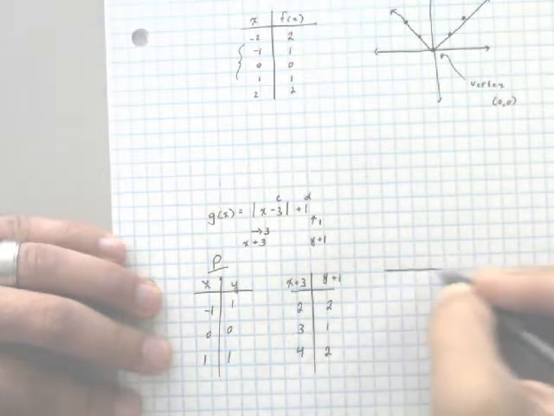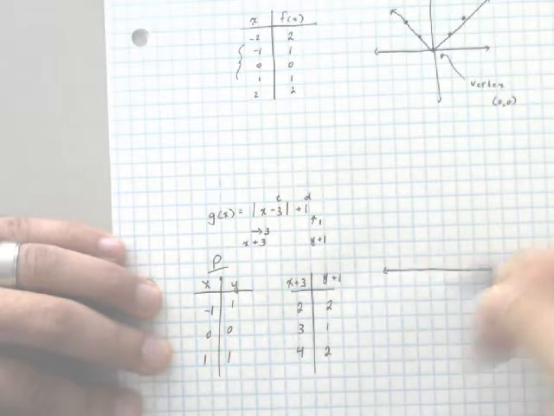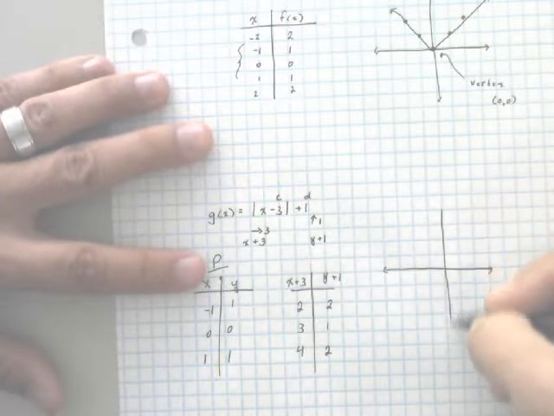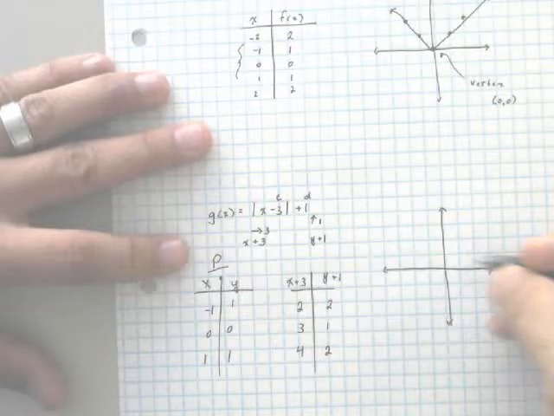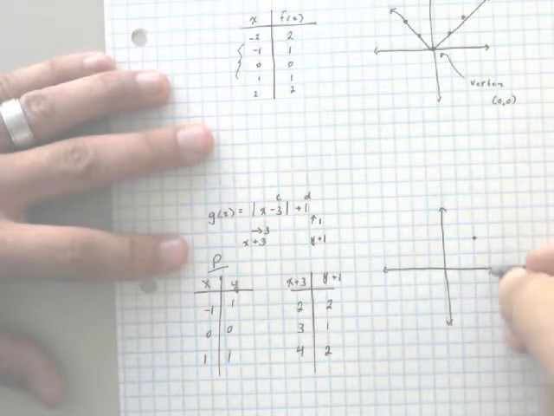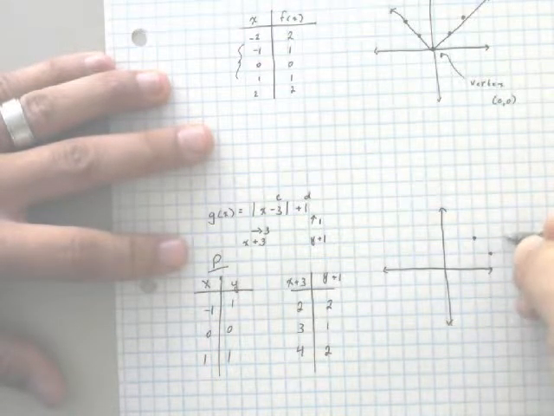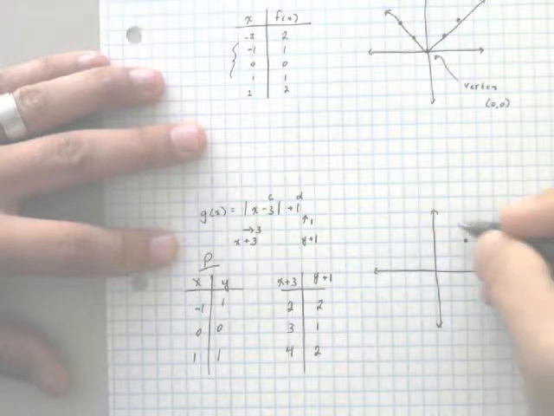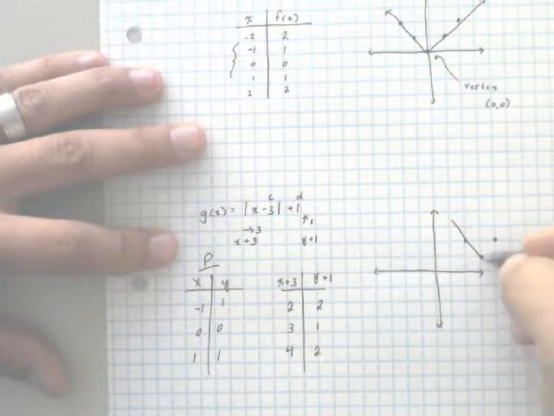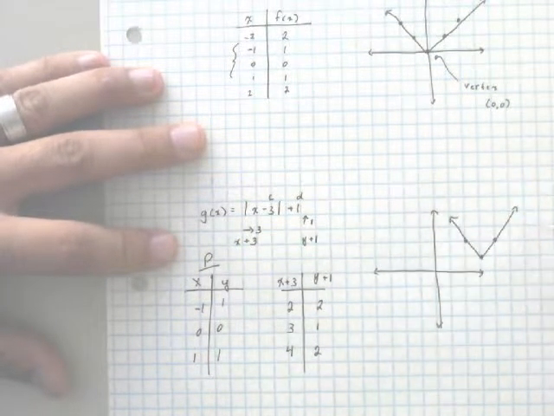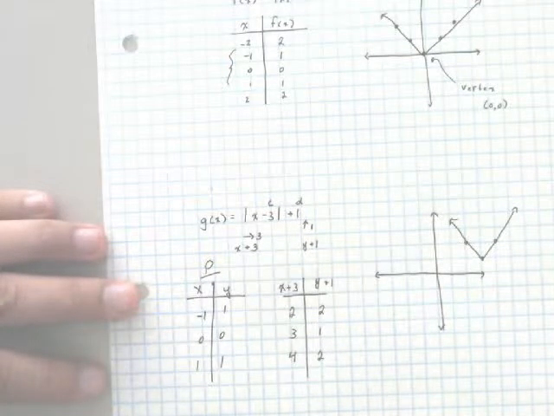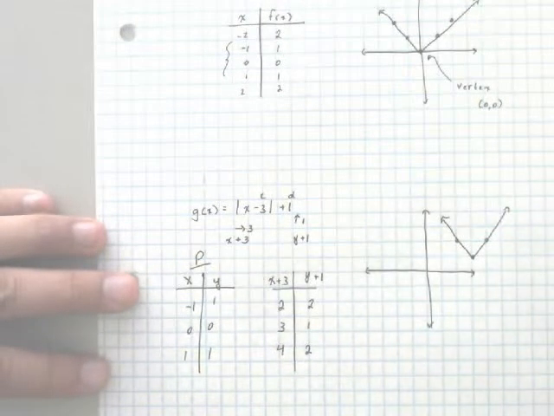Now I'll go over here and graph my child function. So 2, 2, 3, 1, and 4, 2, and I have my V-shaped graph. We can see that it's been translated 3 places to the right, and it has been translated up 1 place.